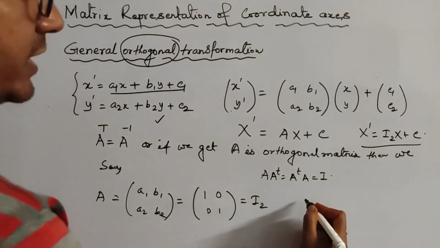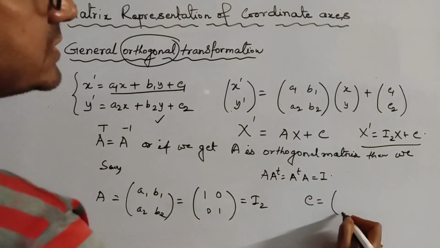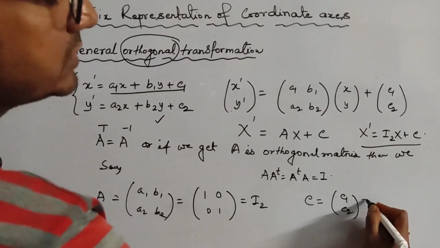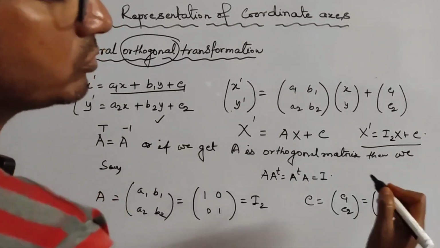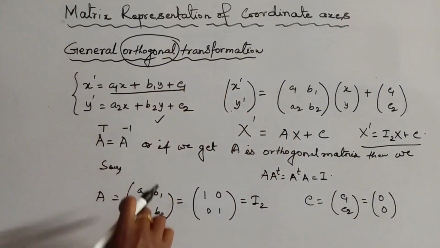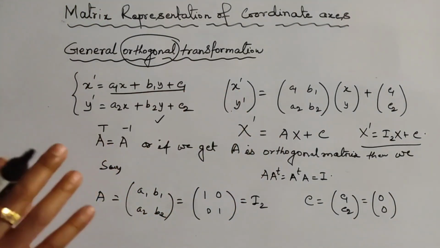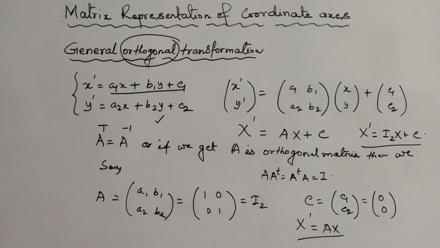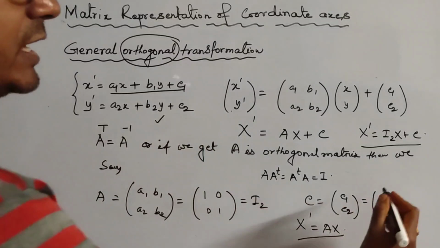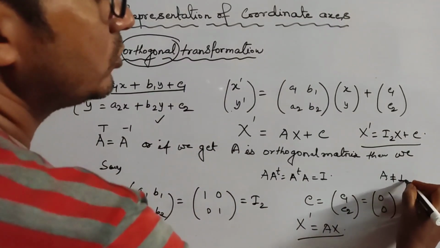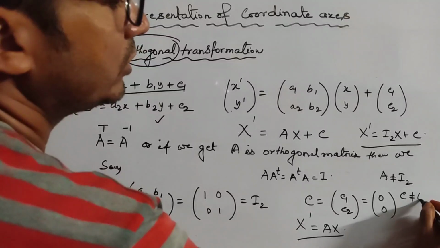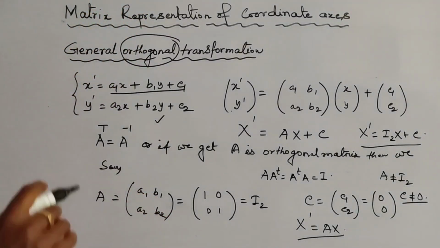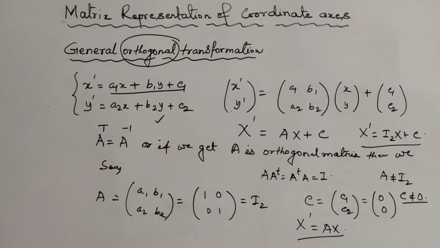Now if we take C, that is C1, C2, equal to 0, 0, then this formula becomes the formula of rotation, x dash equal to A x. And if A is not equal to I2 and C is not equal to the zero vector, then this is the general orthogonal transformation, that is, the combination of rotation and translation.